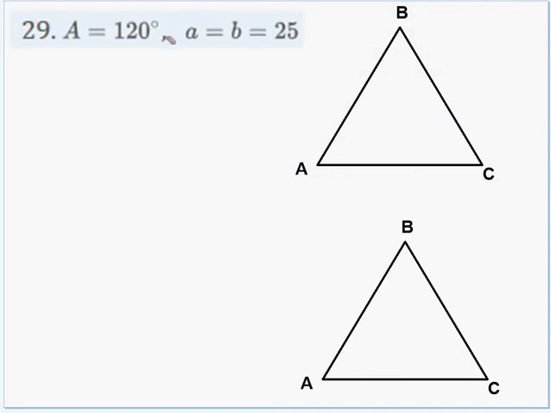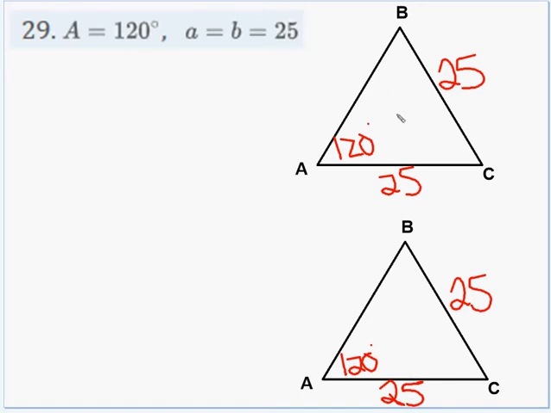Let's look at 29 first. They give us this information here. Angle A is 120, and that will be true for both triangles if 2 exist. Side A is 25. Side B is also 25.